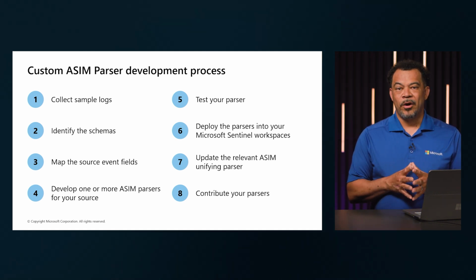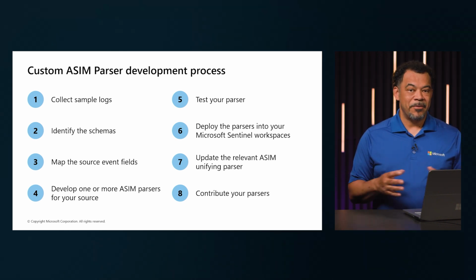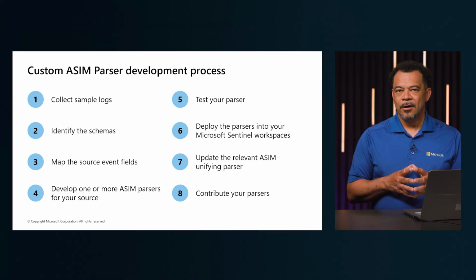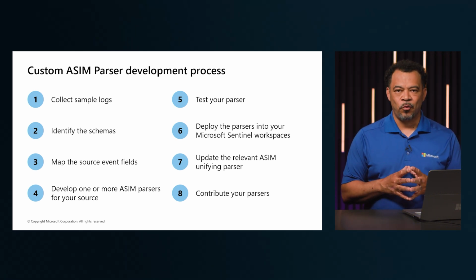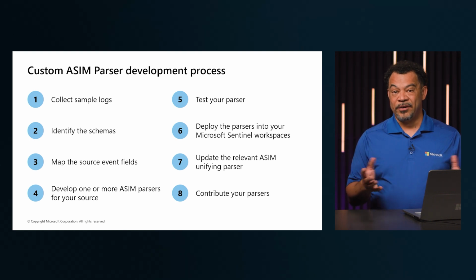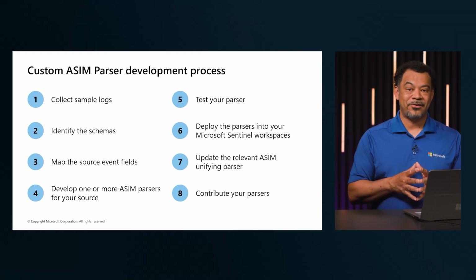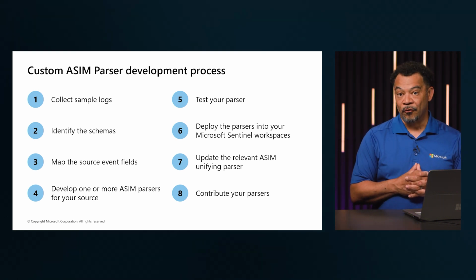Then develop one or more custom ASIM parsers based on that mapping. After development, thoroughly test the parsers to ensure they normalize data accurately and consistently. Once validated, deploy the parsers into your Microsoft Sentinel workspace, update any relevant unifying parsers, and consider contributing your work back to the community to support broader adoption and improvement.